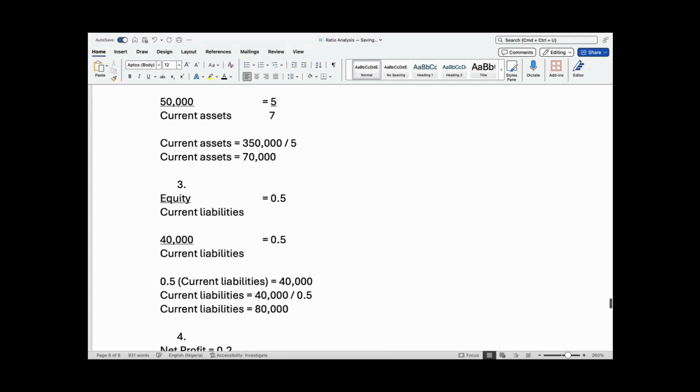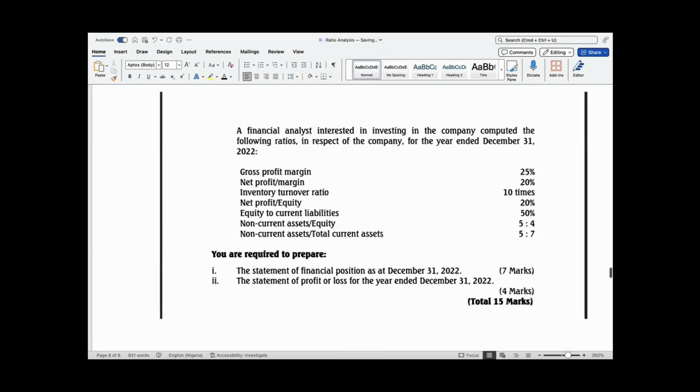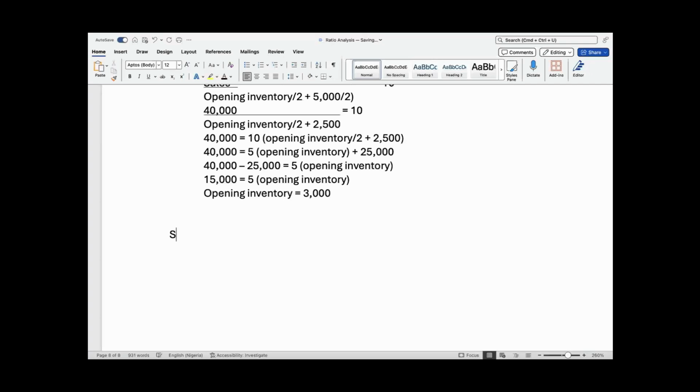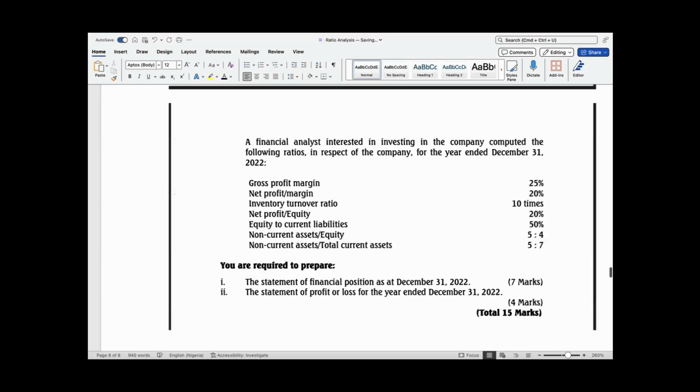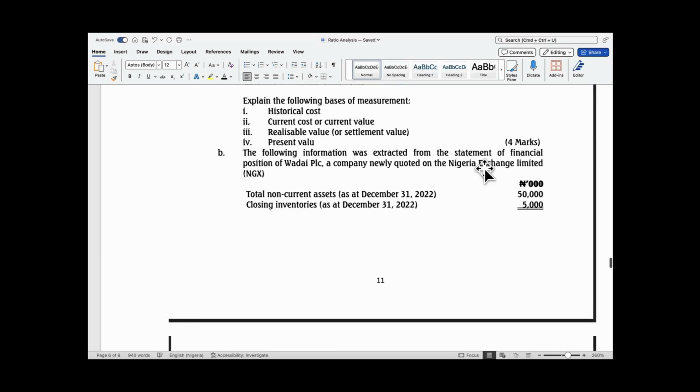Let me start with statement of financial position, because that was required first. As at year ended, which period now? 31st December 2022. For which company? Wadai PLC.